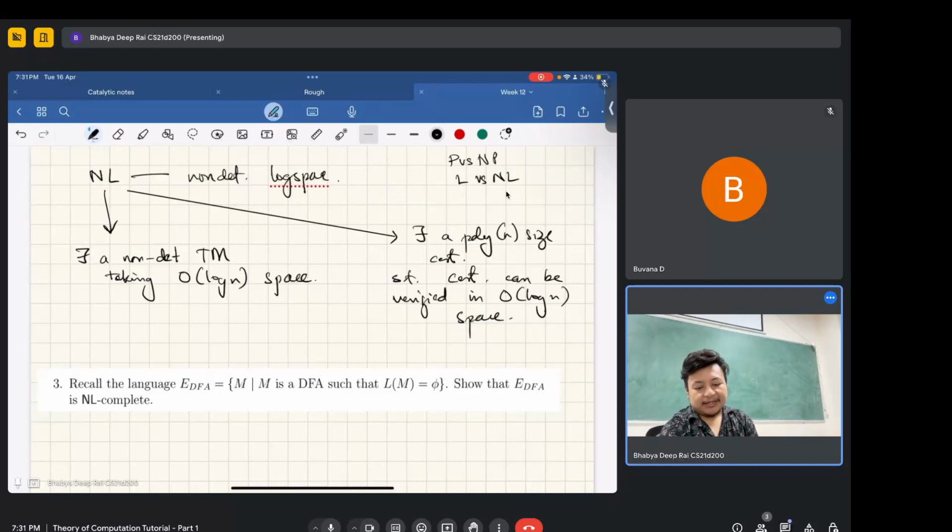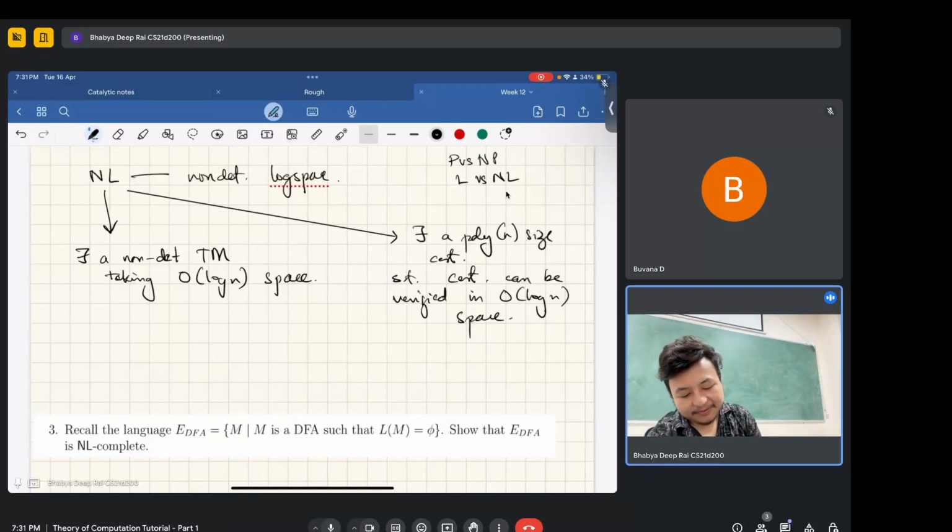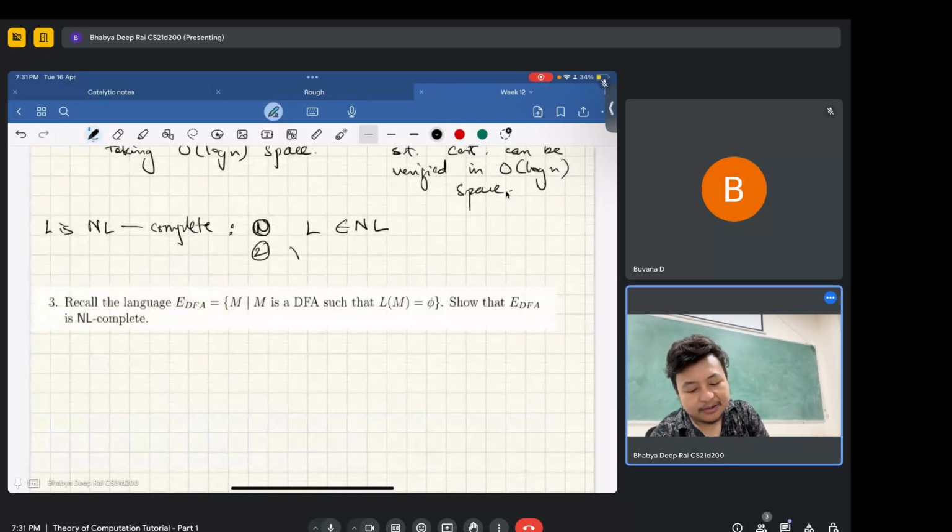Now, what is meant by completeness? NL complete means two things. One, L is in NL, sorry, not NP, and two, all the languages in NL log-space reduce to L. Remember, not polynomial.